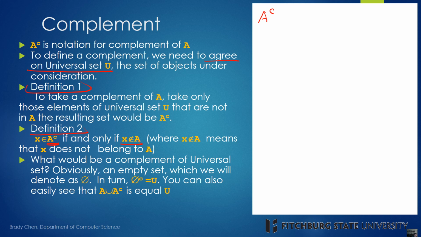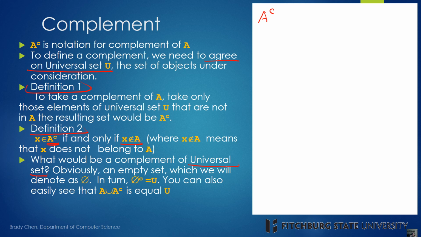That's the second definition. Now, with the concept of complement, the question is, what would be the complement of a universal set? The universal set basically contains all the elements we're considering.